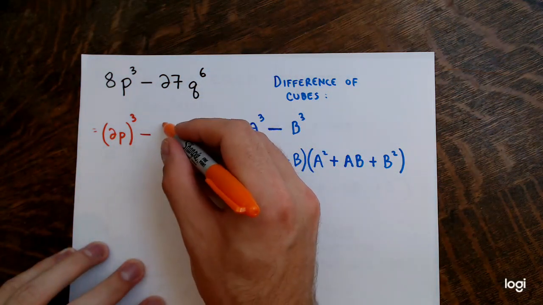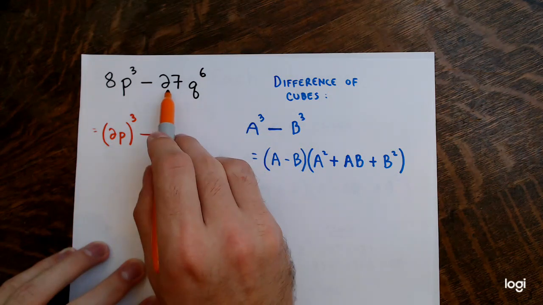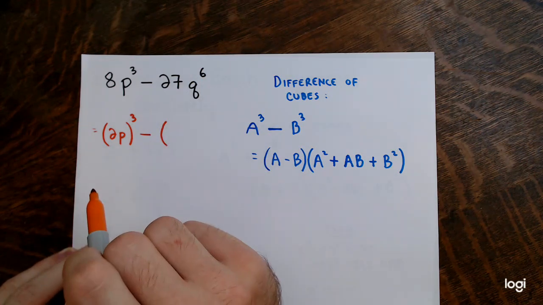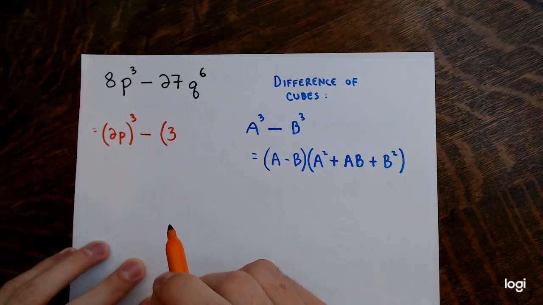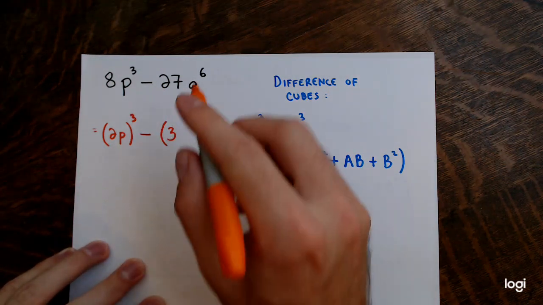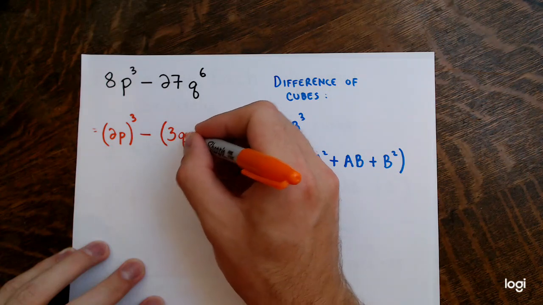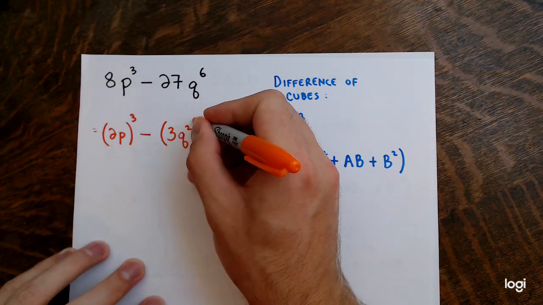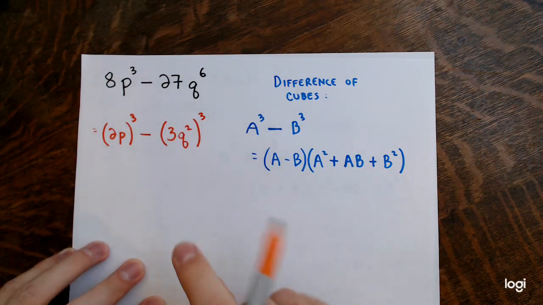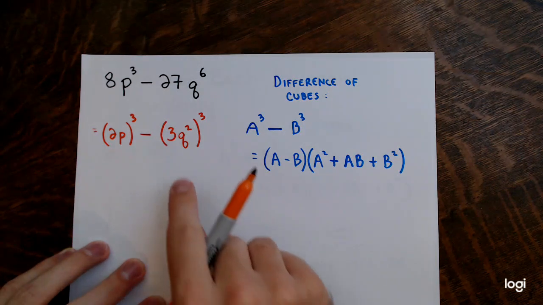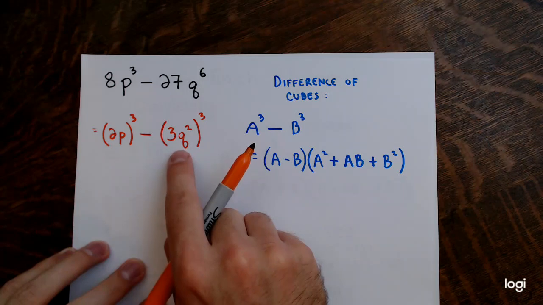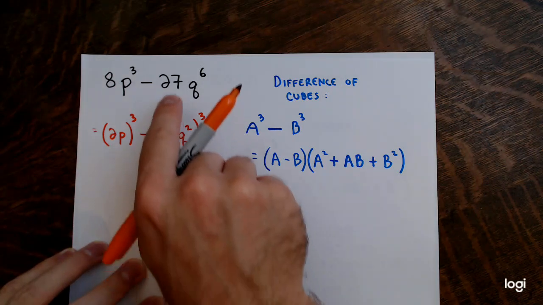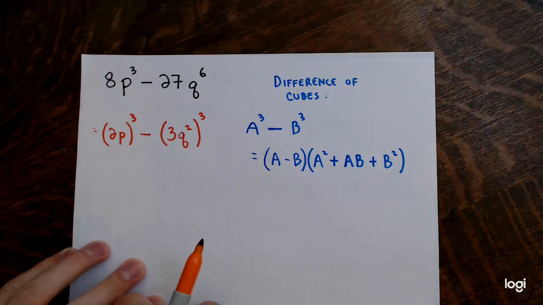Minus, and then this 27q to the 6th. Well, 3 cubed is 27, and q squared to the third would be q to the 6th. All right, if you took 3q squared times 3q squared times 3q squared, you'd get 27q to the 6th back.